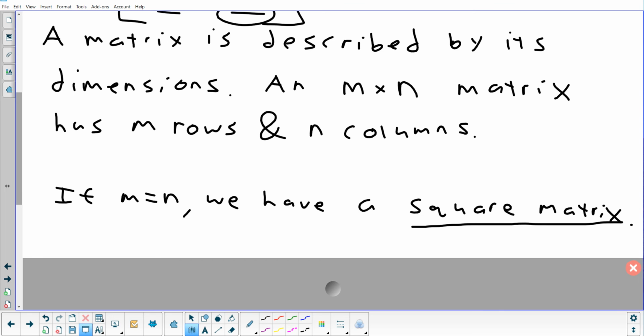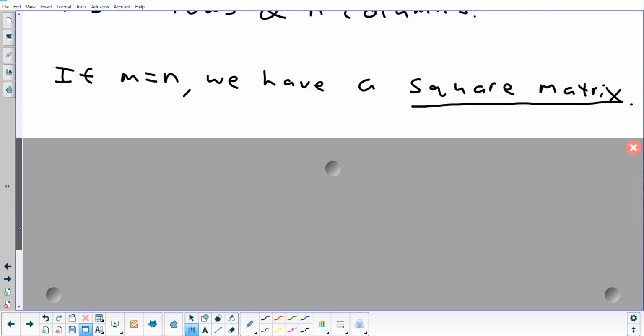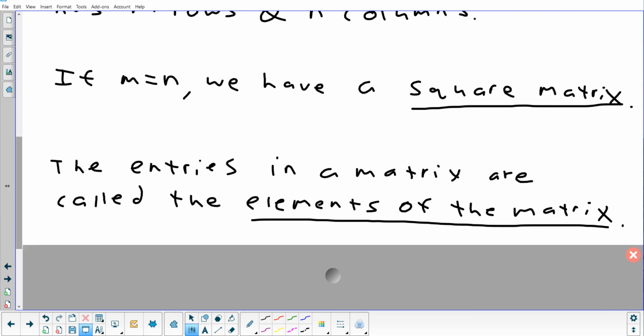If the number of rows and columns is exactly the same, that's called a square matrix. 2 rows, 2 columns, square matrix. 3 rows, 3 columns, that's also a square matrix. Each thing in the matrix is an element.